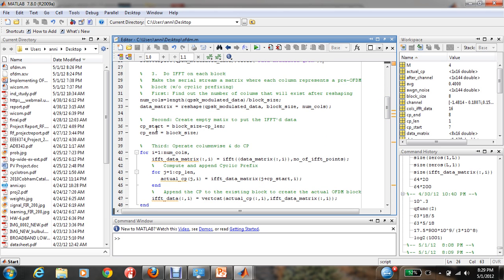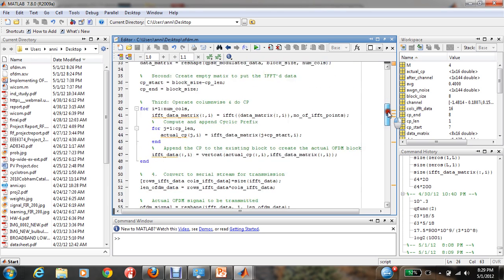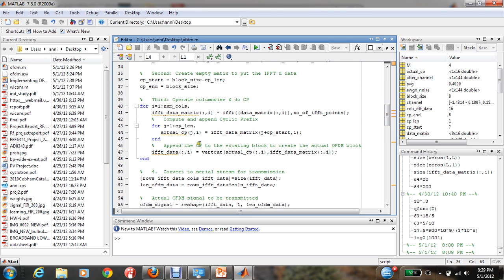This is the part where we find the start and end of the cyclic prefix and the block size. It will start from 7 and end at 8. Then this is the IFFT matrix, and we append the cyclic prefix before transmission. As I said before in the explanation, we first do the IFFT, which is performed here, and then add the cyclic prefix.